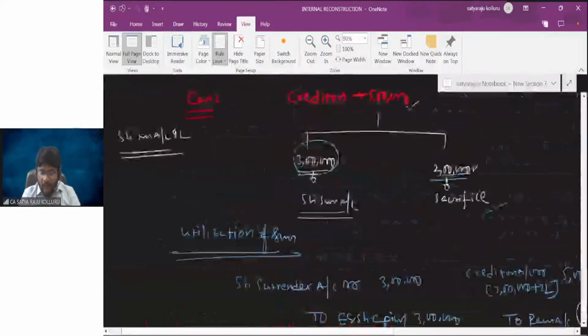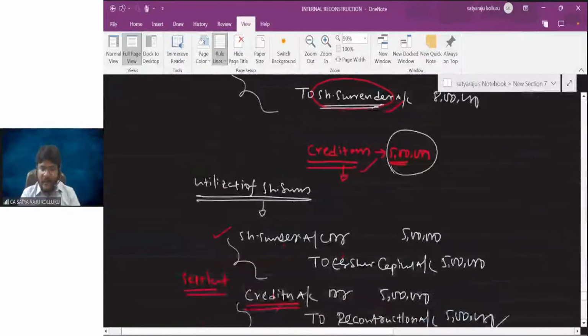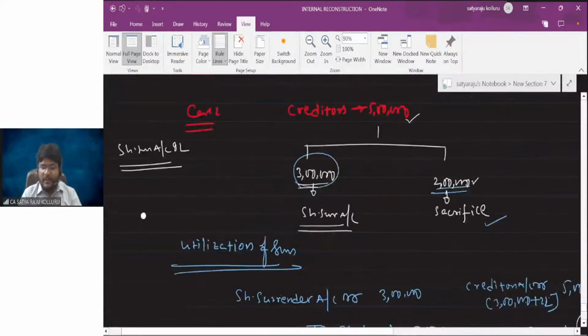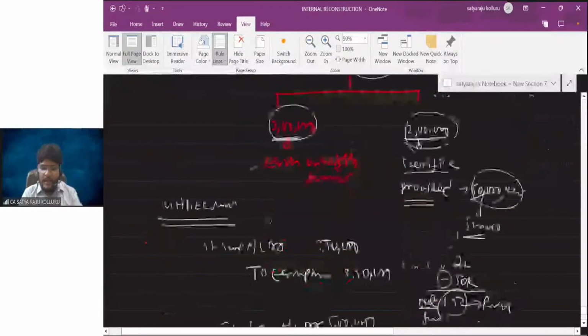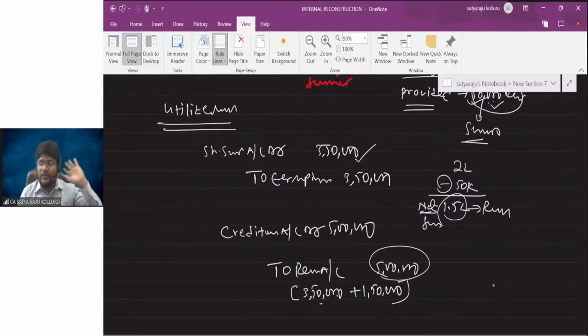But in the first case, I debited share surrender 5 lakhs and credited equity share capital 5 lakhs. In the second case, I debited share surrender only 3 lakhs. In the third case, I debited share surrender 3,50,000. That changes; it depends upon how much balance you are utilizing from share surrender. Is the concept clear?